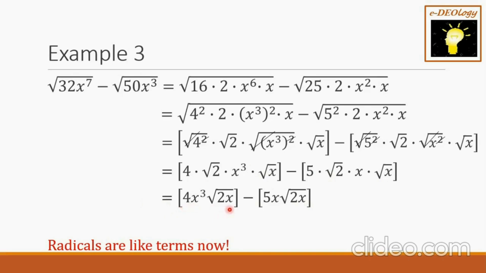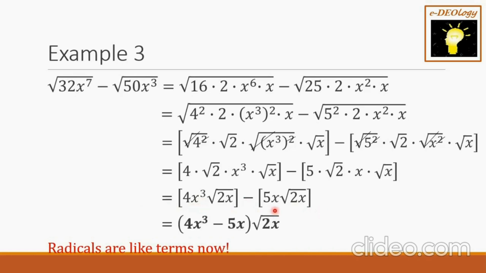In the first group, we have the 4x cubed as the coefficient, and then minus. In the second group, the coefficient of the radical is 5x. So we'll now put them together, the 4x cubed, and then minus the 5x. Then we will copy the radical, the square root of 2x.